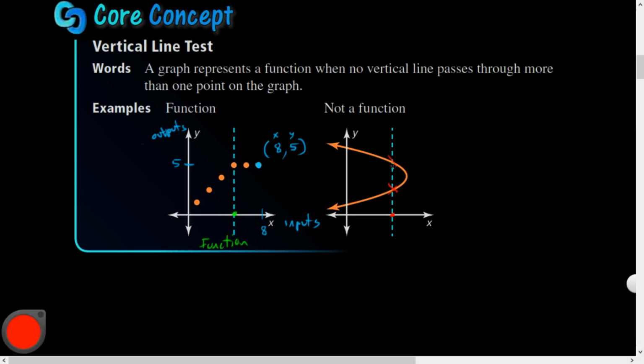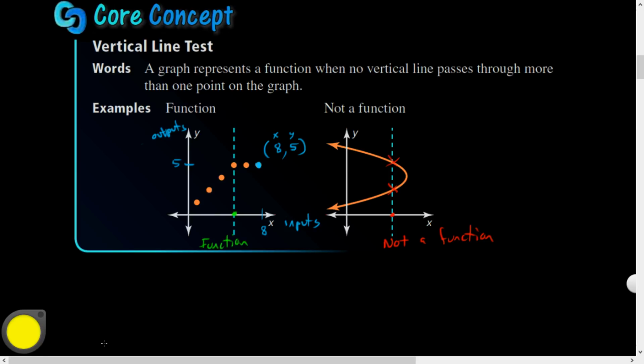I don't know, is the output, say, 4 or is it 8 or something? I don't know. It's getting hit multiple times. So this is not a function. Okay, so a graph represents a function when no vertical line passes through more than 1 point on the graph.